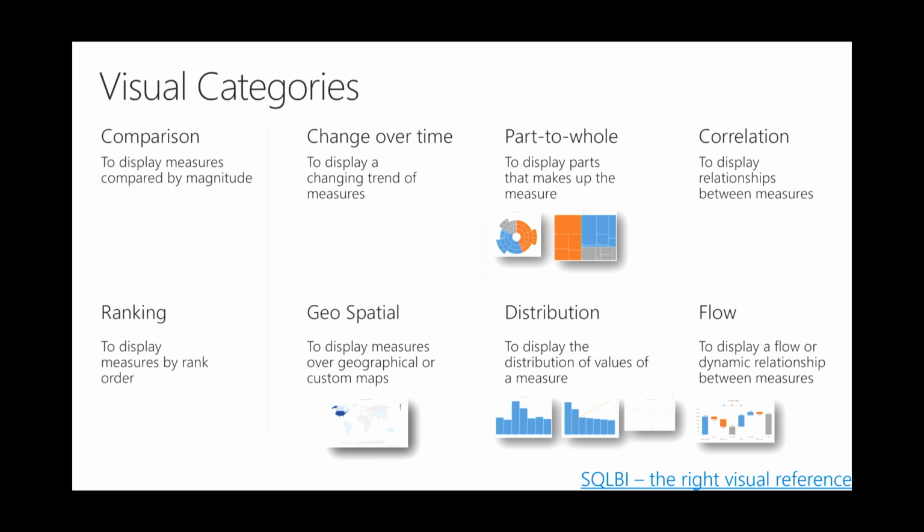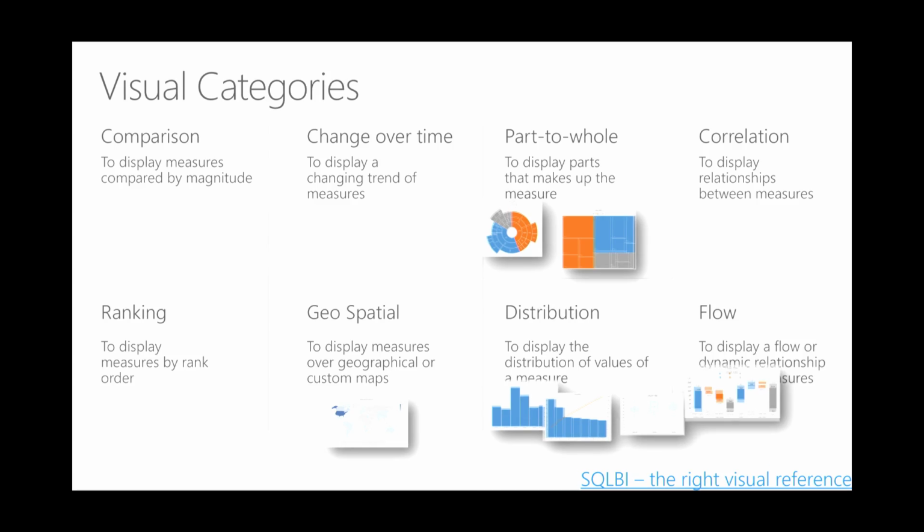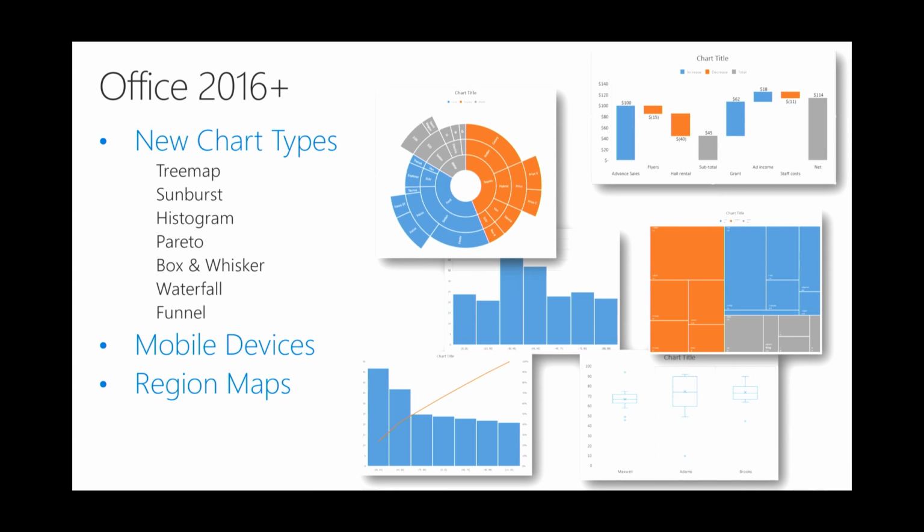But now we've added some new chart types in the areas of visualizing part-to-whole relationships, geospatial data, distributions, and dynamic flows. So in 2016, we added 7 new chart types: tree map, sunburst, histogram, Pareto, box and whisker, waterfall, and funnel charts.